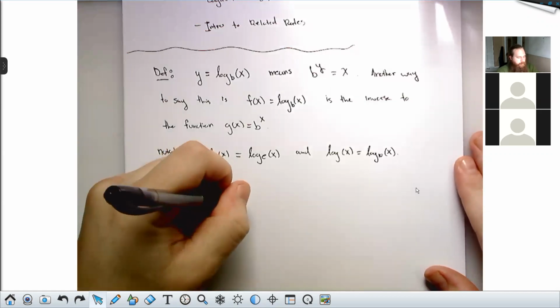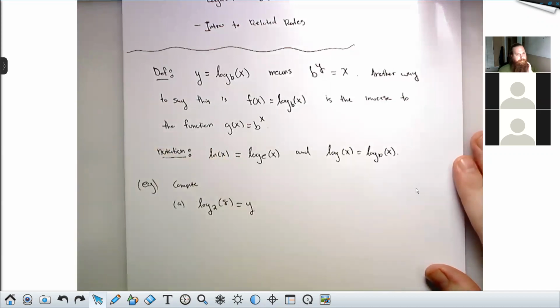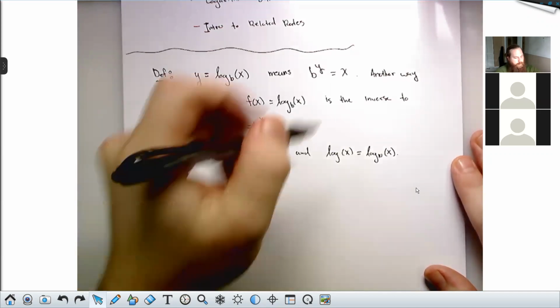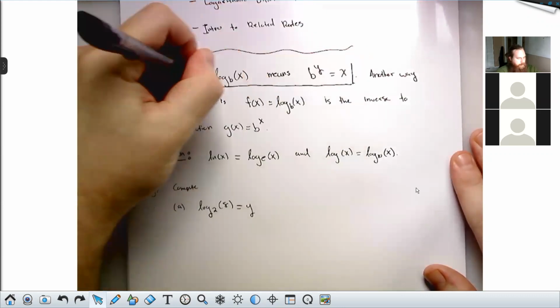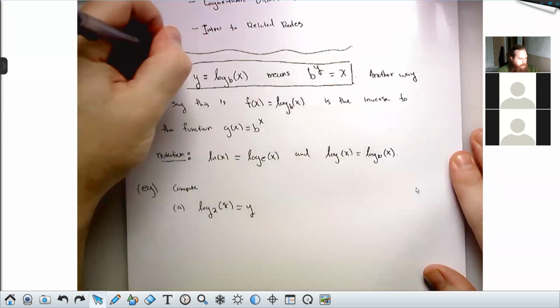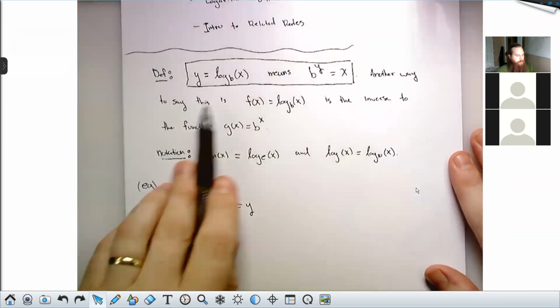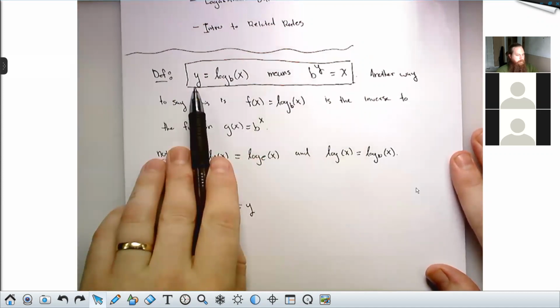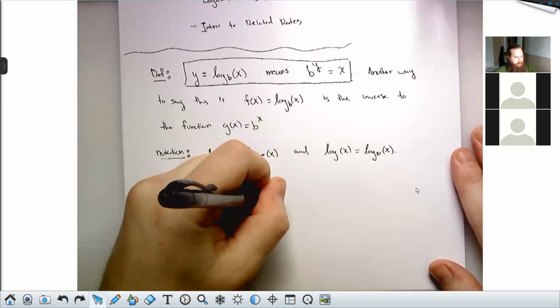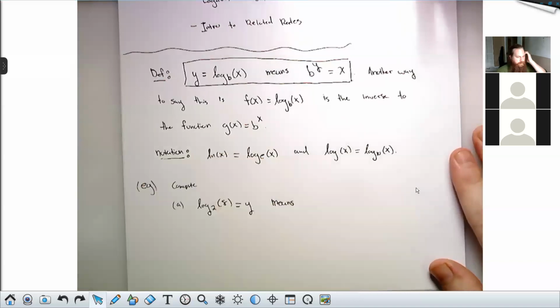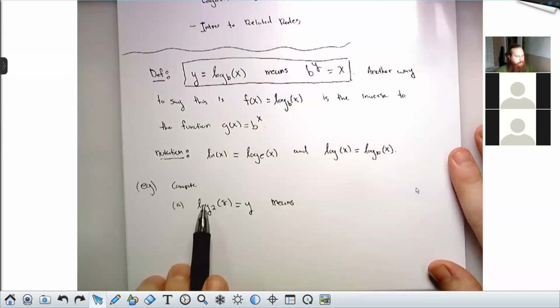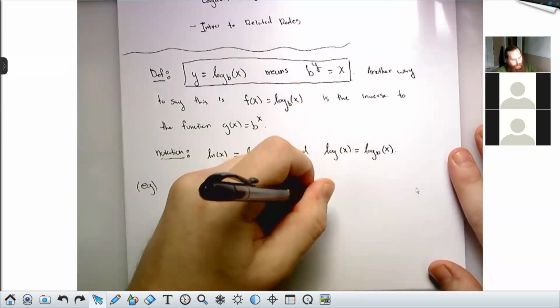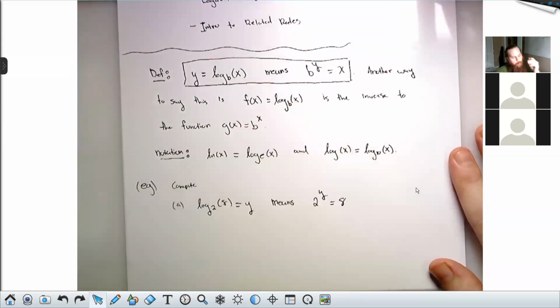So let's do ourselves a favor. Let me call this y. And then we can use this characterization. So the base 2 log of 8 equals y means, just take the pieces and rearrange them in this exponential form. So this would be a logarithm form, and the equivalent exponential form would say 2 to the y equals 8.